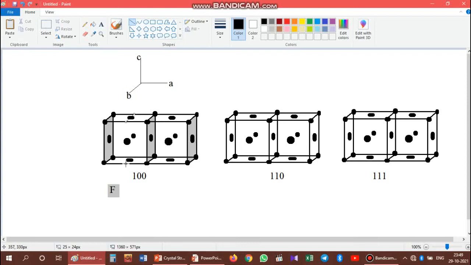Then join these 2 points here to here, and then join these 2 points here to here. Look, all the 4 atoms are now being covered, isn't it?